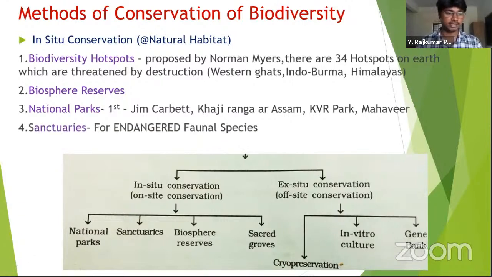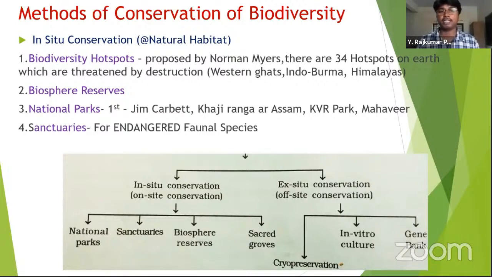Next is sanctuaries. Sanctuaries are especially made for the endangered faunal species. Faunal species means the animals. Flora means plants and fauna means the animals. So it is especially made for the protection of some animals which are very rare. Migratory birds sometimes come to the Pulicat Lake of Andhra Pradesh, and they are millions in number, coming together at one place near the lake.